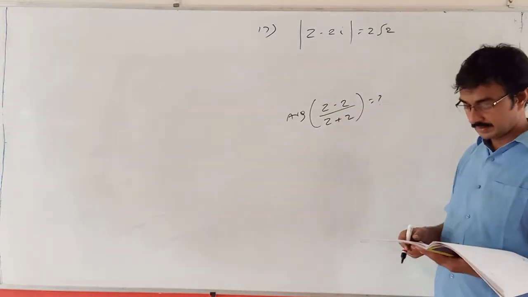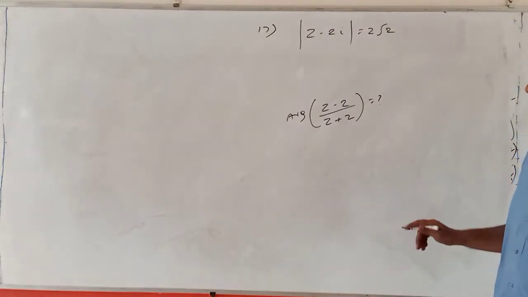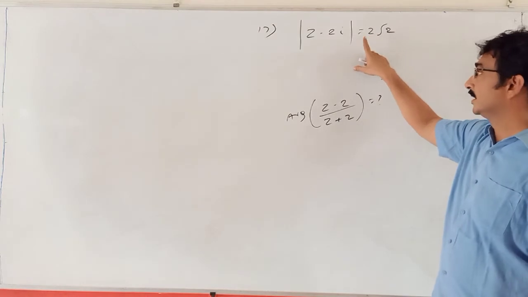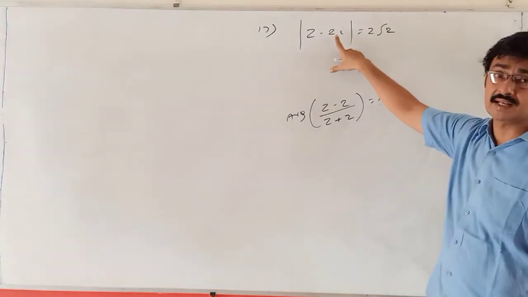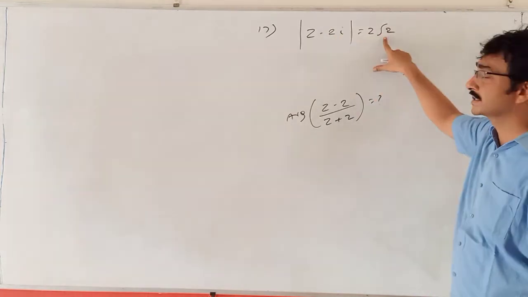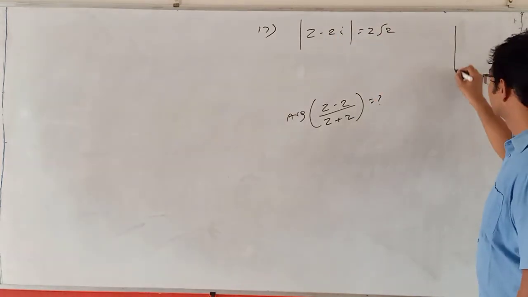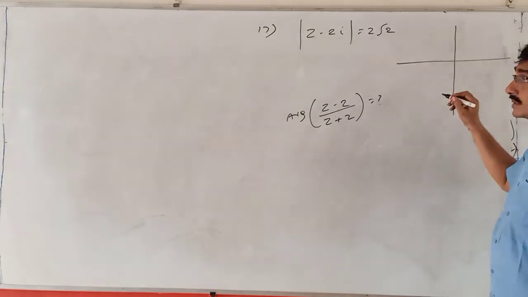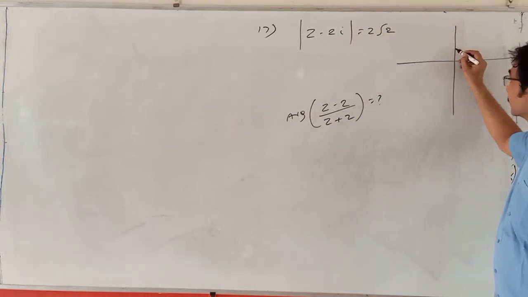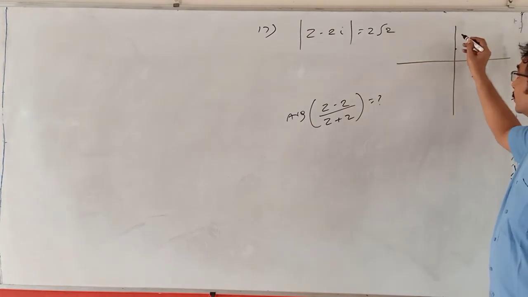Okay. First, clearly, this one represents the circle with the center 2i, meaning 0, 2, and radius 2 root 2. See, y-axis, x-axis, center 0, 2 and radius 2 root 2.